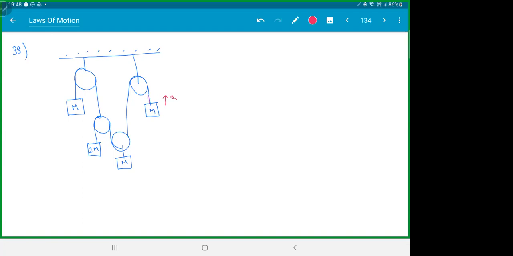Start like this. Let this tension be T. This will be 2T. This also will be T. This will be 2T. So T will be the coefficient of tension. This coefficient is 1, this is 2, this is 1, this is 2.